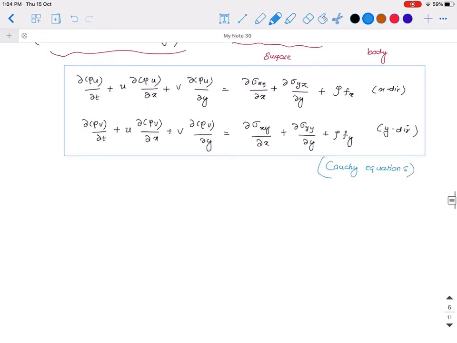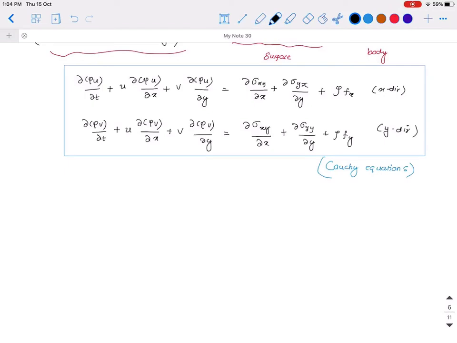Okay, so until now we have not introduced anything related to fluid here. We just have written the conservation of momentum, or applied Newton's second law to an infinitesimal control volume of a continuum.